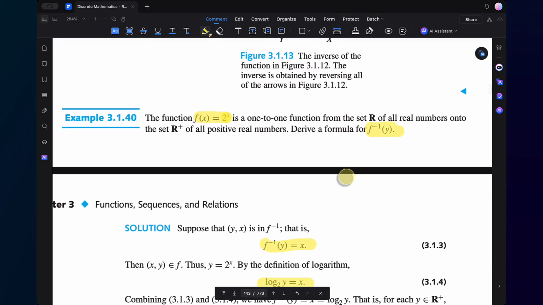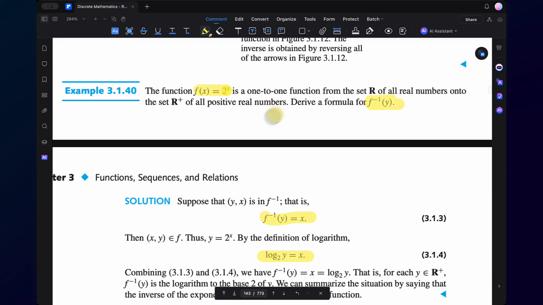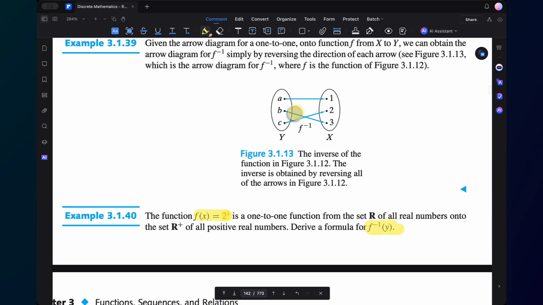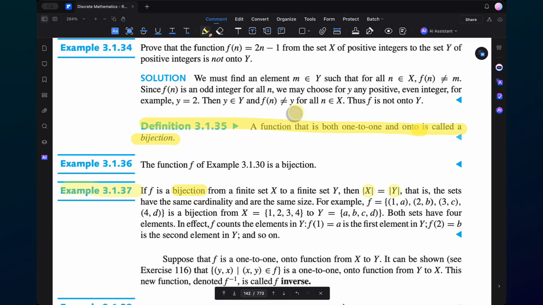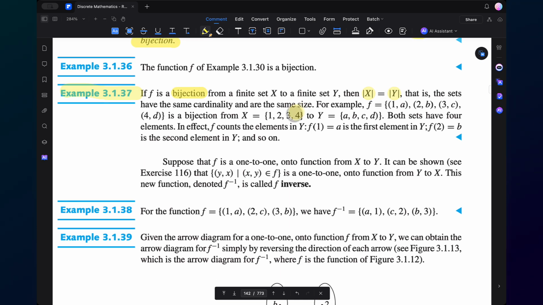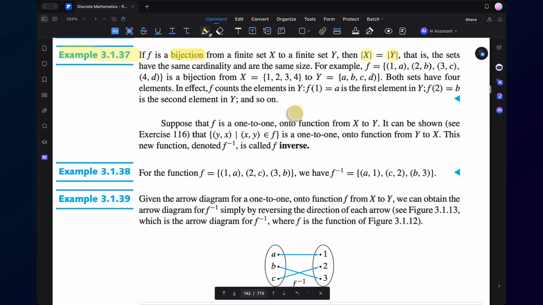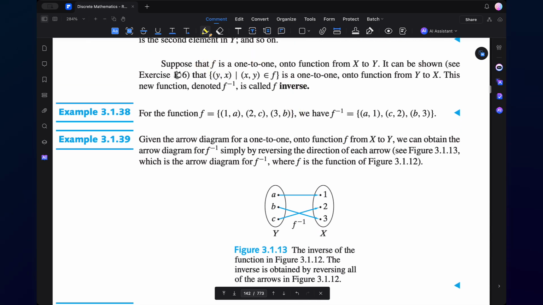Then there's this idea of the inverse. A function has its inverse. If a function is a bijection, here we go, this is what I wanted to get to.